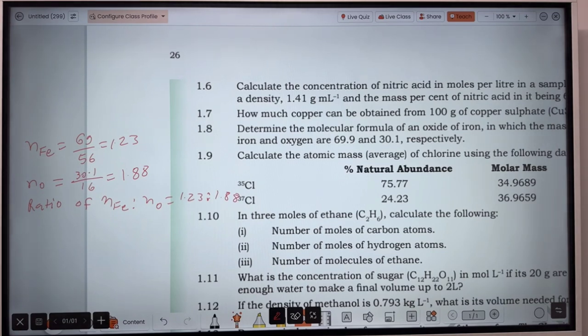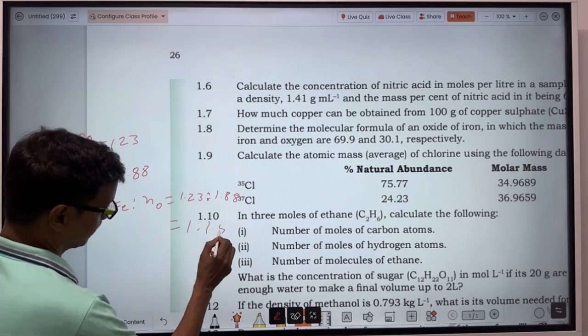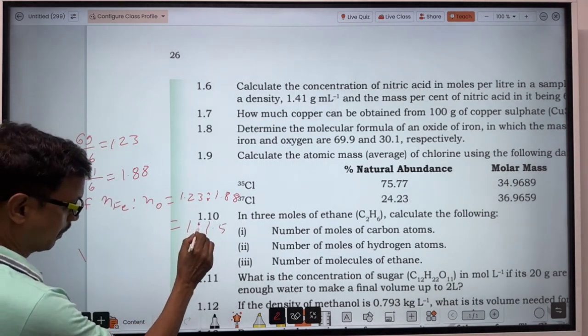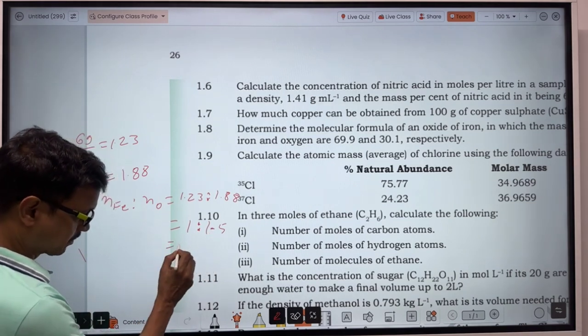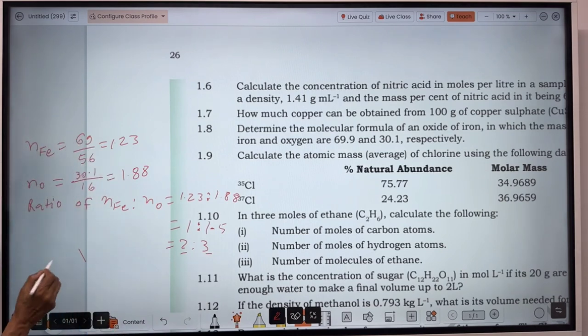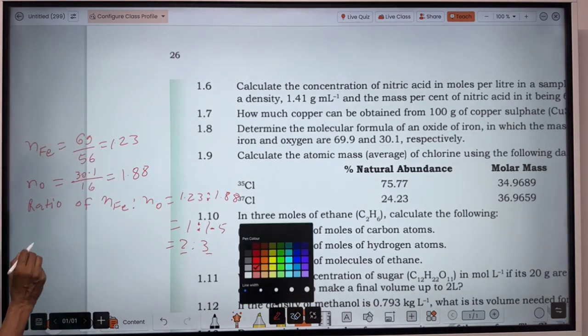That gives 1.5. So that will be 1 is to 1.5. Here this ratio you will have to make in terms of whole numbers. So what to do? Multiply both sides by 2. So 2 is to 3. So iron will be 2 and oxygen will be 3.